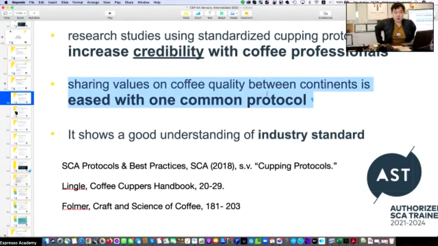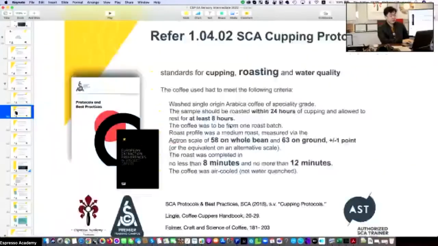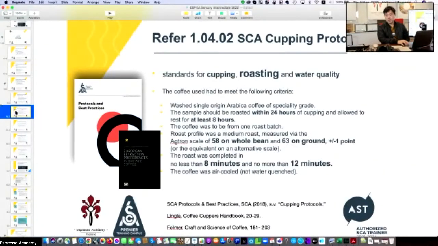So even just water is part of the protocol that you need to know, which you already know, okay? And it's a good understanding of the industry standard where you're going to trade the coffee. Okay? So all this is also mentioned already. For example, another best practice that you can look at that refers back to our foundation level, where there is a protocol for roasting.